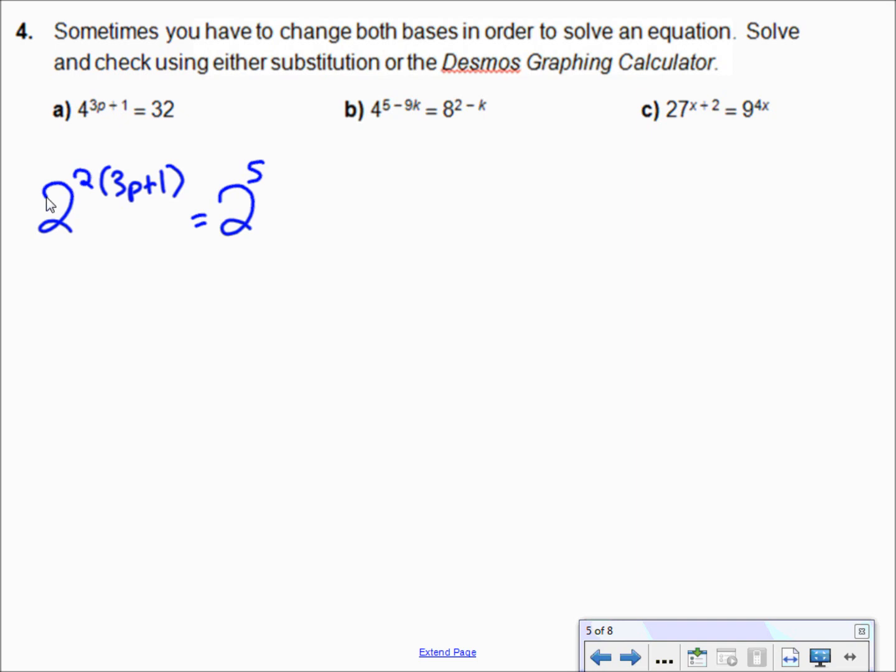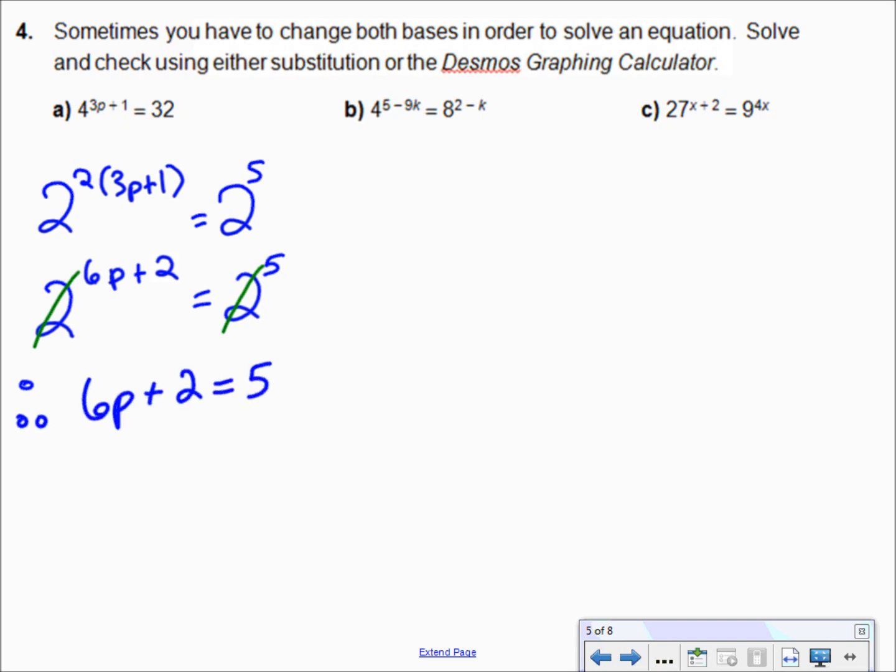All right, so I get 2 to the exponent 6p plus 2 equals 2 to the exponent 5. My bases are the same, so I can drop them. And I'm going to go 6p plus 2 equals 5.